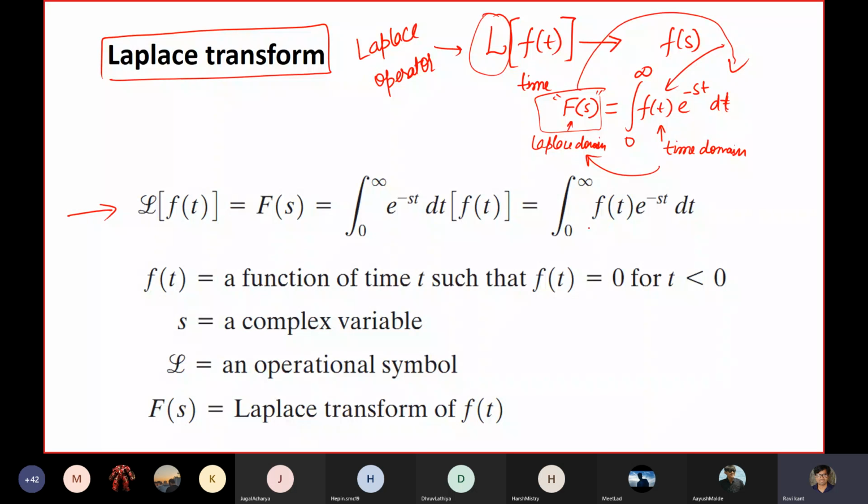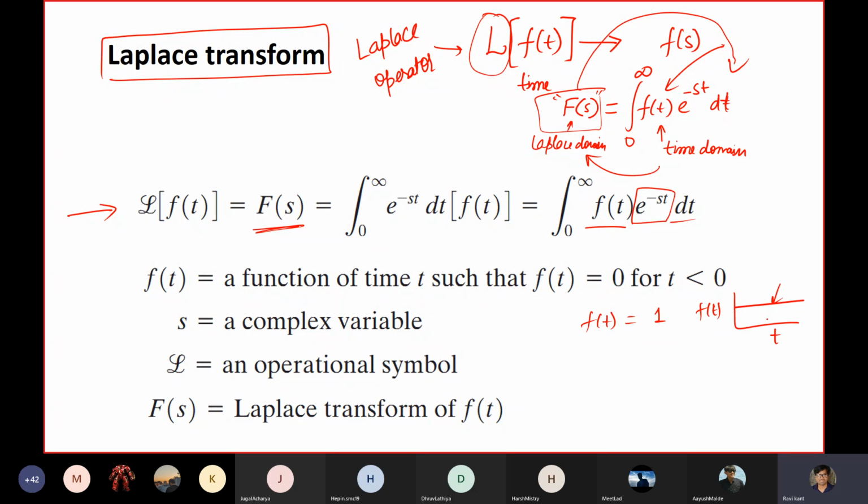So see, you have f(t) multiplied by e to the power minus st, dt from 0 to infinity, and what you get is F(s). No need to actually do that. So let us suppose I take my f(t) as a constant 1. Let's suppose this is my t, this is my f(t). So I have a constant function, 1 throughout.